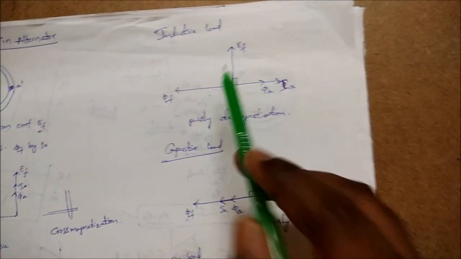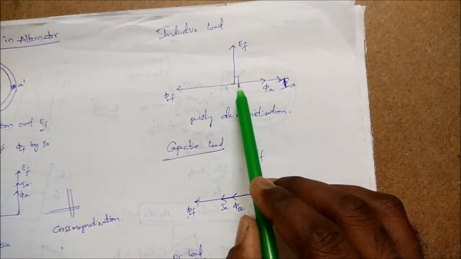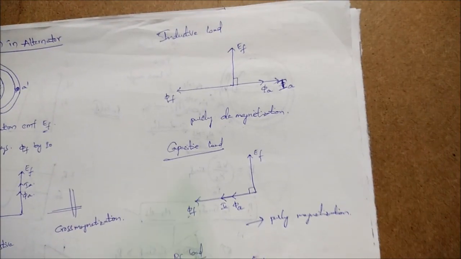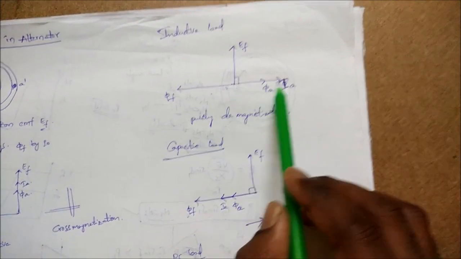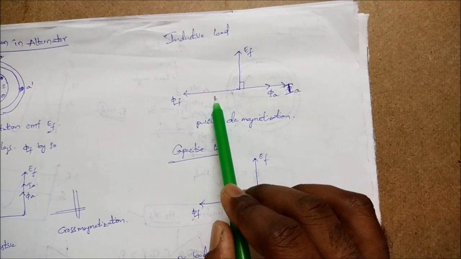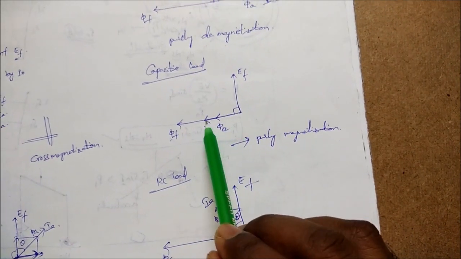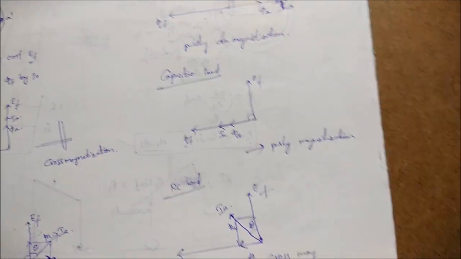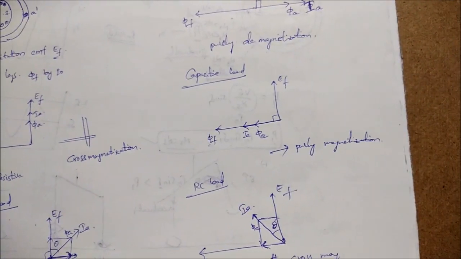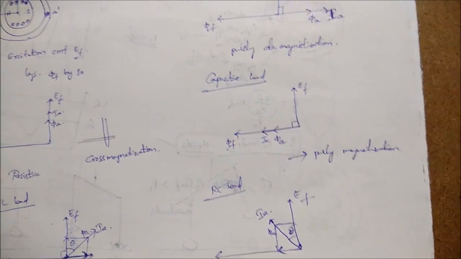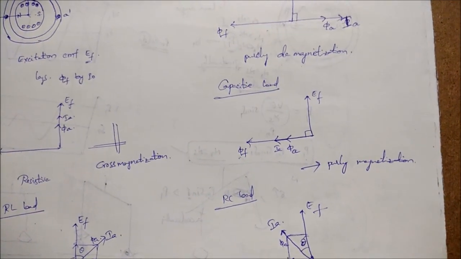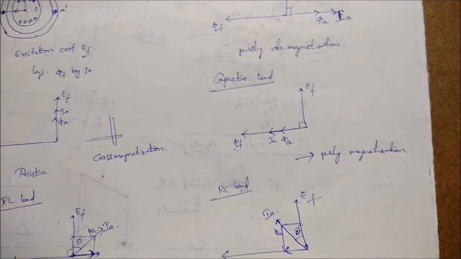If you consider inductive load, in the motor the IA direction will be in this direction, so in that case it is magnetization. The direction of IA will be reversed in the motor. Therefore, the nature of the armature reaction will change accordingly.